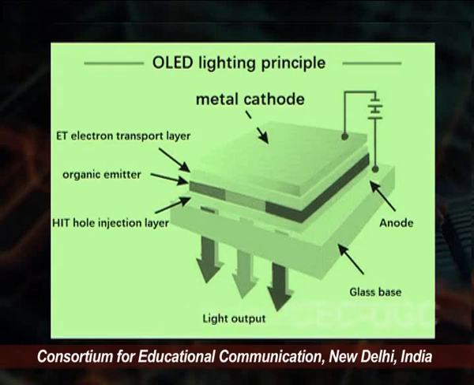There is a de-excitation of the excitons and we can get the light output. So this is the basic arrangement of the OLED, where we have a cathode, an anode and the organic material in between, and the light output comes through the transparent metallic oxide.